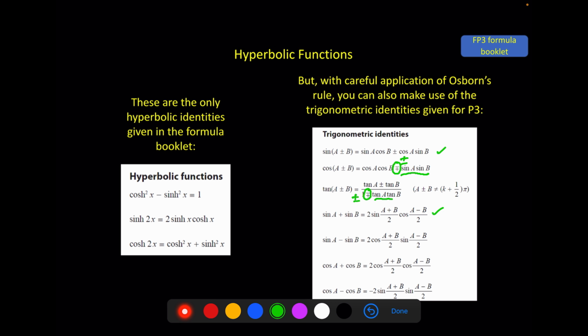This one's okay, this one's okay, this one's okay, and this one, because you've got a sine times a sine, there'll be another negative coming in, so that will become a positive. So you've got to be a little bit careful, but there are more hyperbolic identities that you can write down using Osborne's rule based on these trig identities.